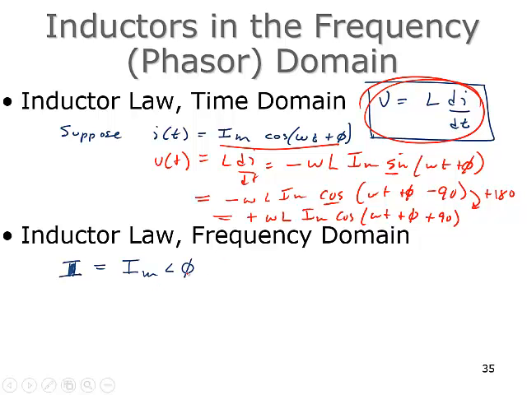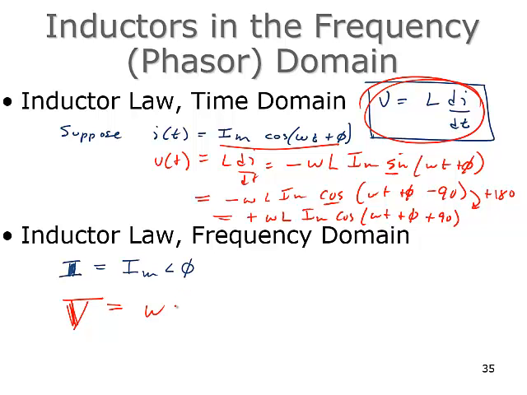And therefore, if I say that I equals Im angle phi, phasor V for that same situation, I'm just going to say, well, I just take my I and turn that into a phasor, and I add a 90 degree phase shift.